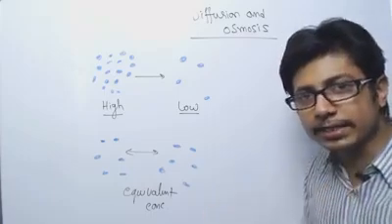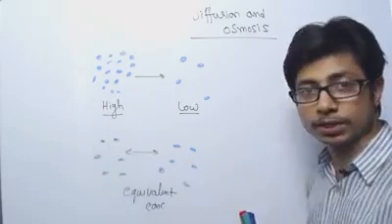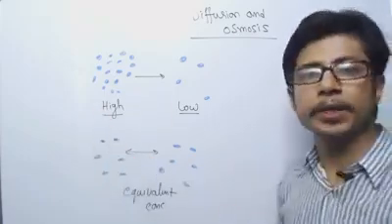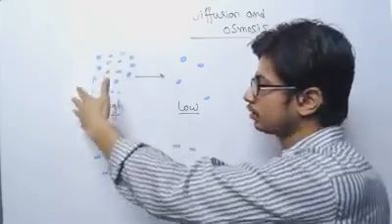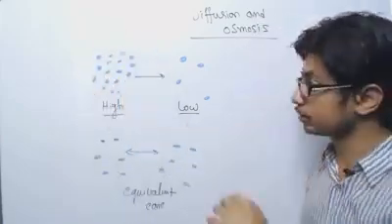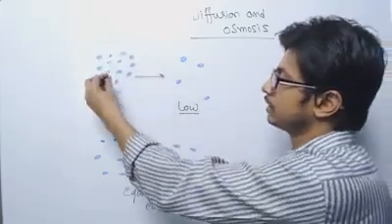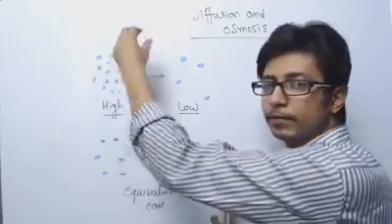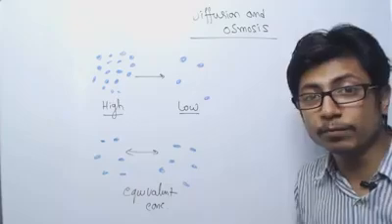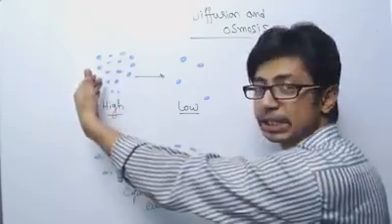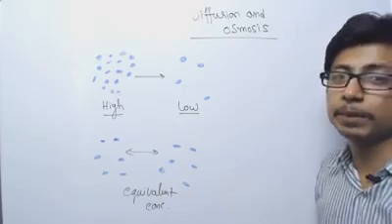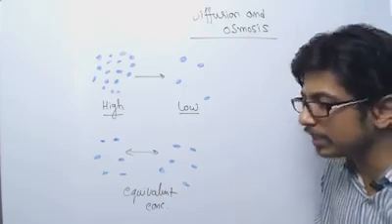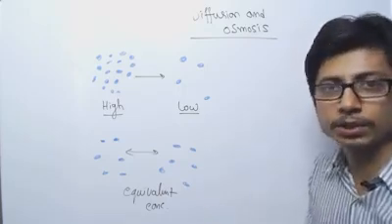Now what other things influence this diffusion process? One thing is the temperature. If you put some molecules there and increase the temperature, you will see the movement of those solute particles will be much faster. So temperature will help the diffusion process.